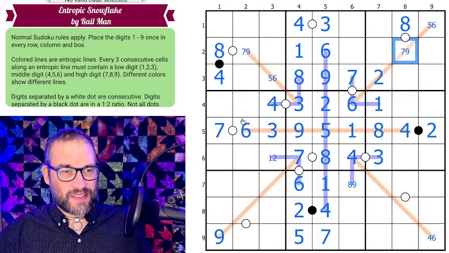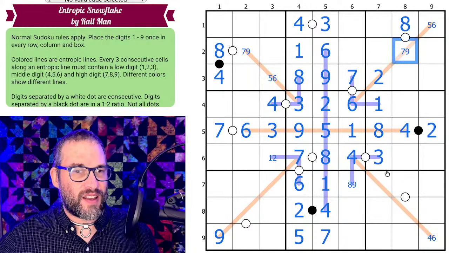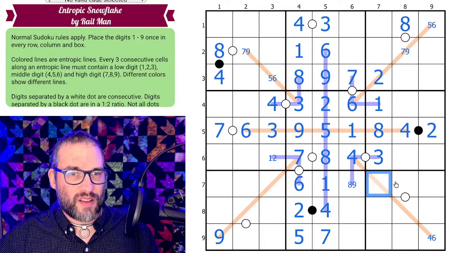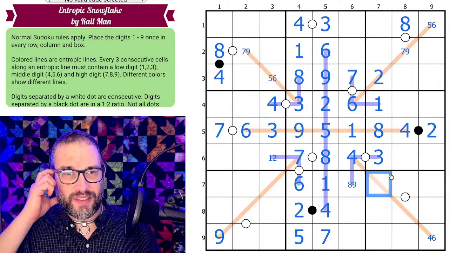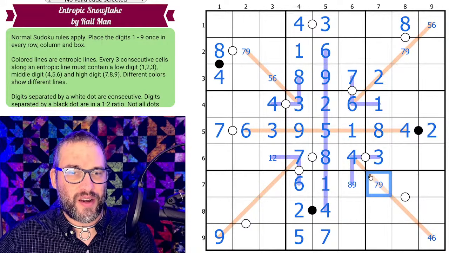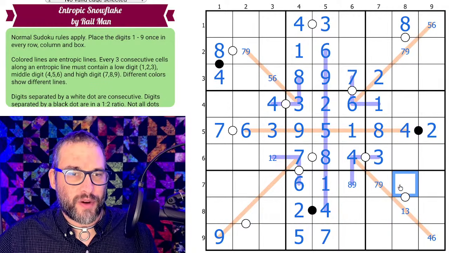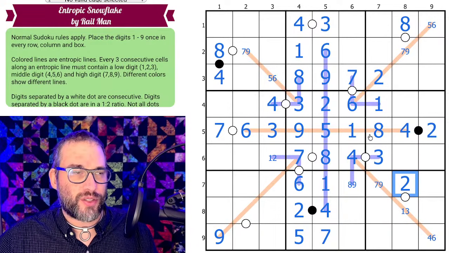Okay, well, we're back here. All right, this still sees all low, so it's high. So it's 7 or 9. This is low, so it's 1 or 3. This is 2 or 4. It's a 2.